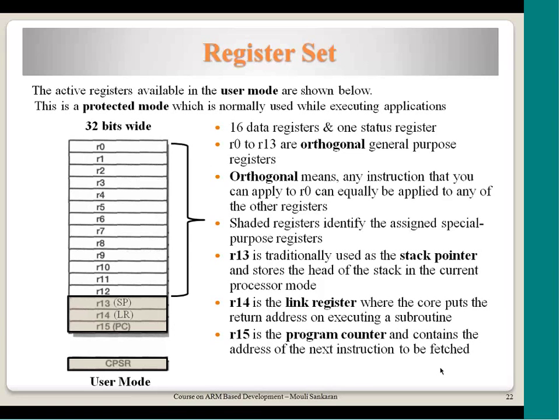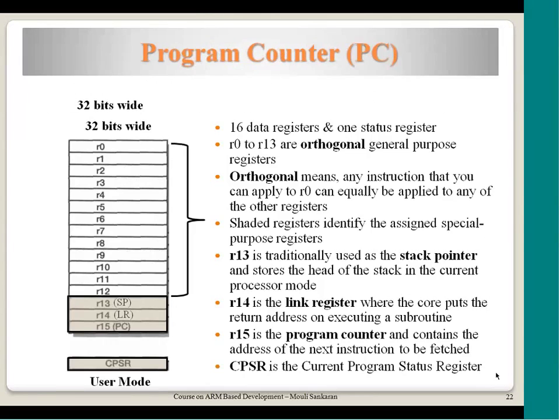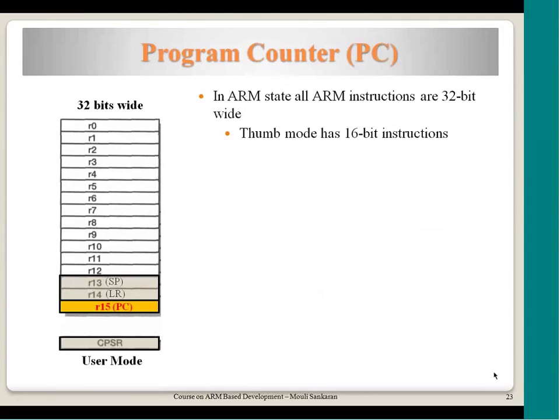R15, as I mentioned, is the program counter, always pointing at the next instruction to be fetched from the memory. Now CPSR is the current program status register. Let's see what it contains later on. Now the program counter, as I told you, is 32 bits wide. All ARM instructions are in what we call ARM state, because it is not in Thumb mode.